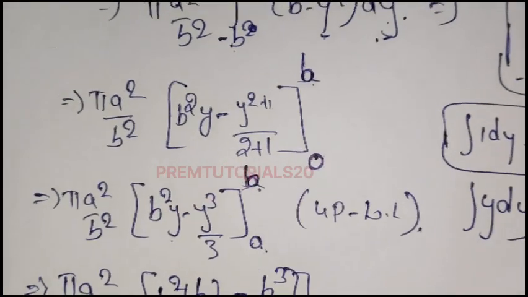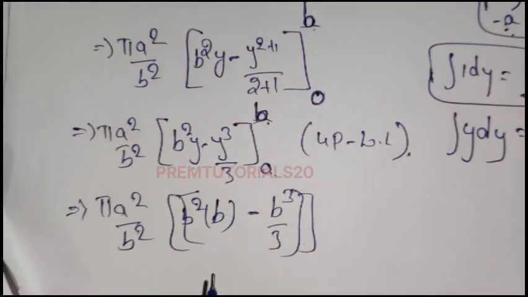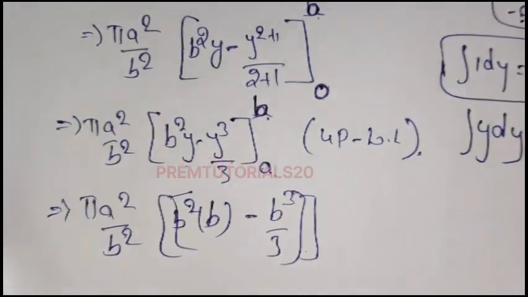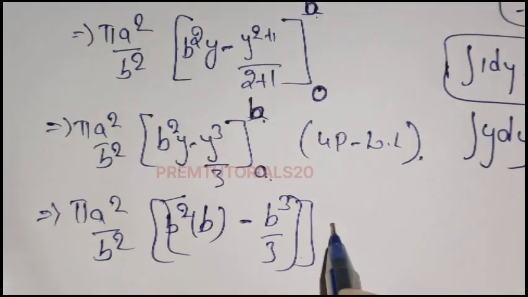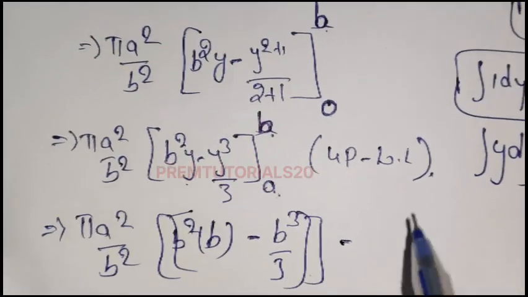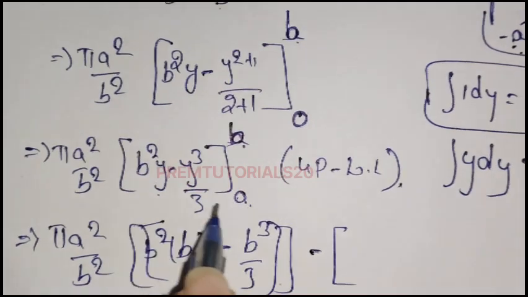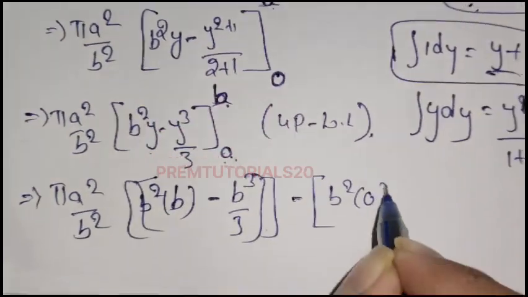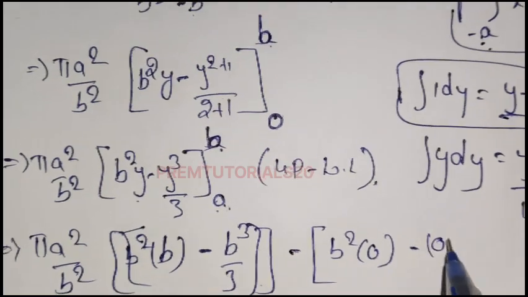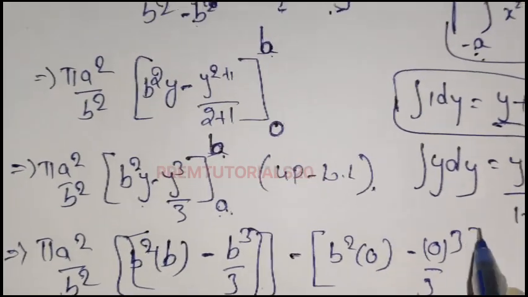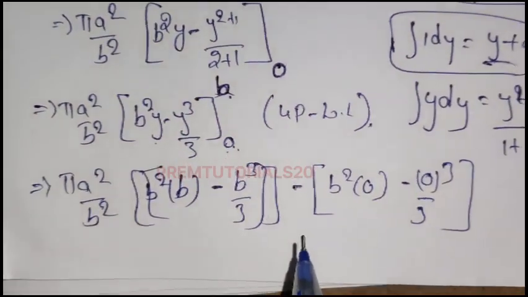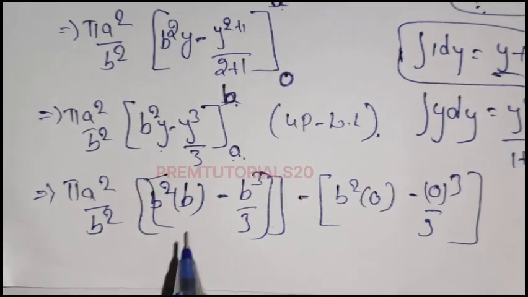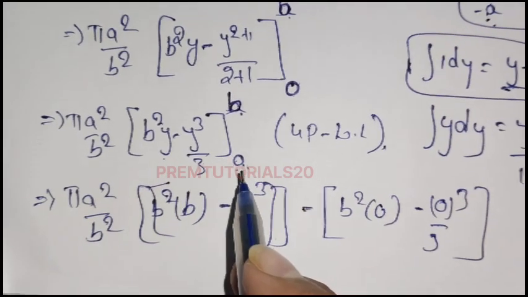So this is the value after we apply the upper limit. Now it's time to apply the lower limit. What is the value of the lower limit here? 0. That means b square into 0 minus 0 cube by 3. This is the value we get after applying the upper and lower limits.